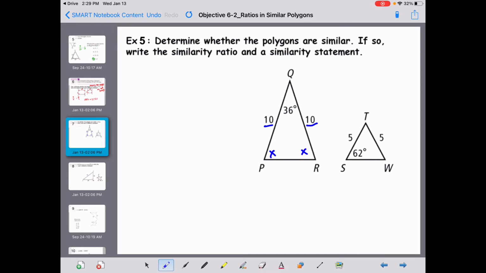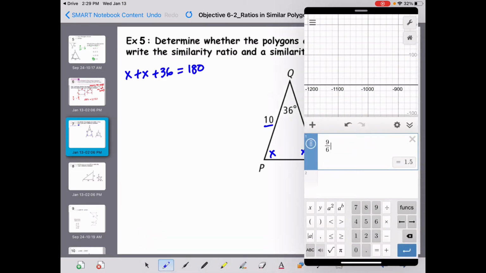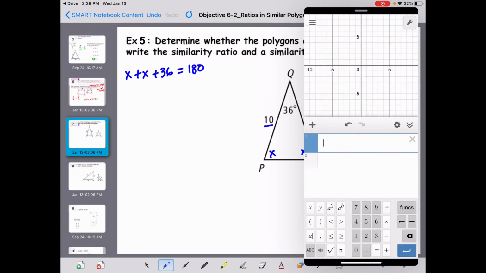So to figure out what those two angles are, I'm going to say x plus 36 equals 180 degrees. Why 180? Because I'm working with a triangle. That's why. Everything with the triangle adds up to 180 degrees. So x plus 36 equals 180.